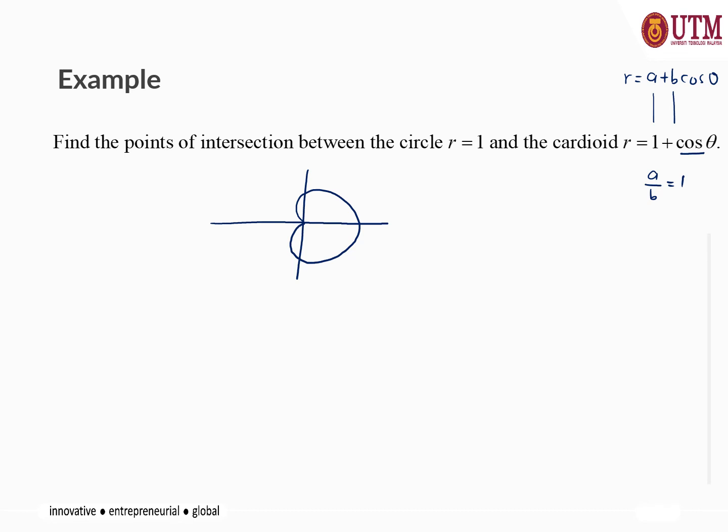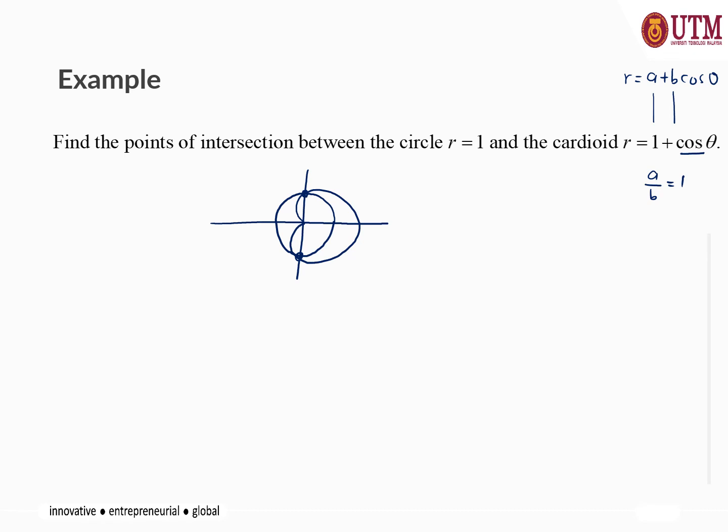So start from 0 degrees up until 360. So you can see that r is equal to 1. So from here, you can see the point of intersection. There will be 2, which is here and this part.